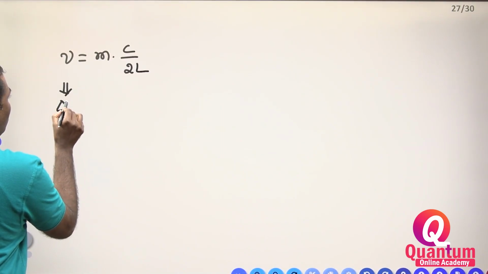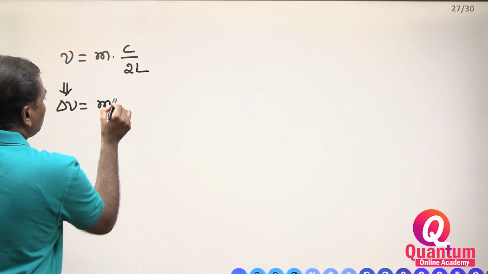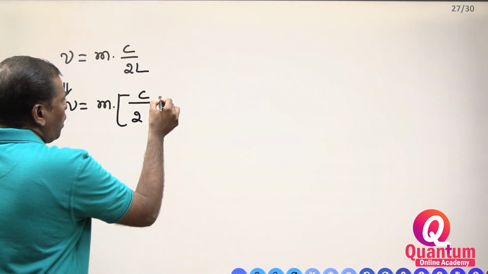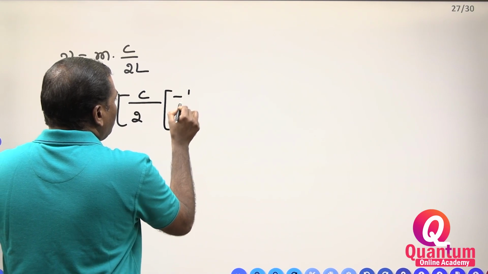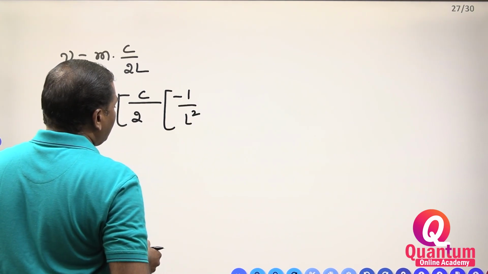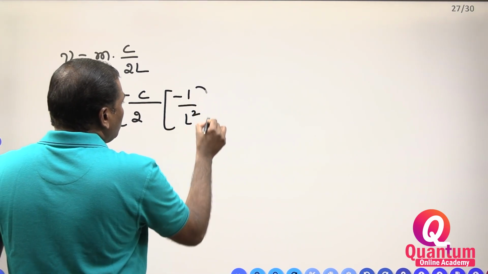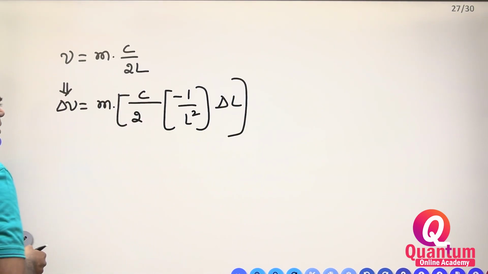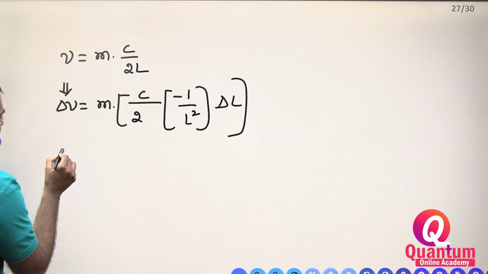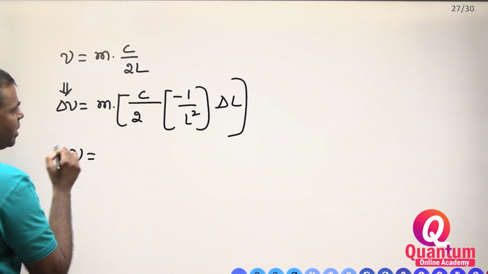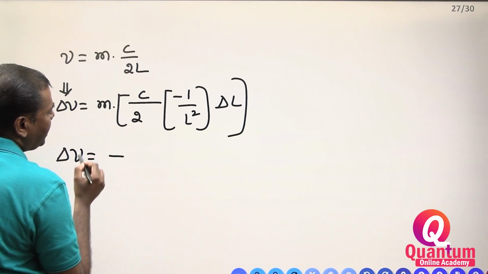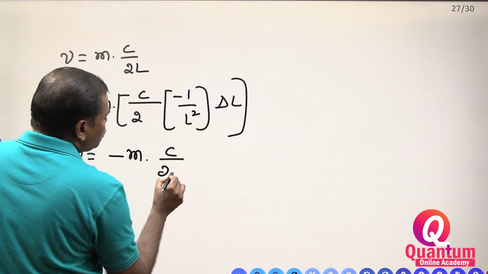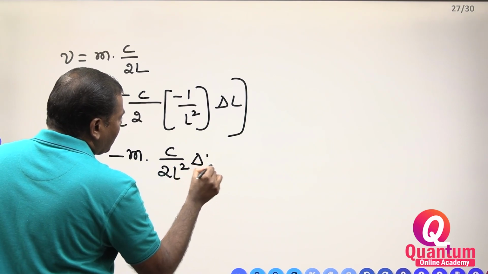Delta mu is equal to m into C, which is constant, and 2 is also constant, so differentiating gives minus 1 by L square into delta L. Delta mu is equal to minus m into C by 2L square into delta L.